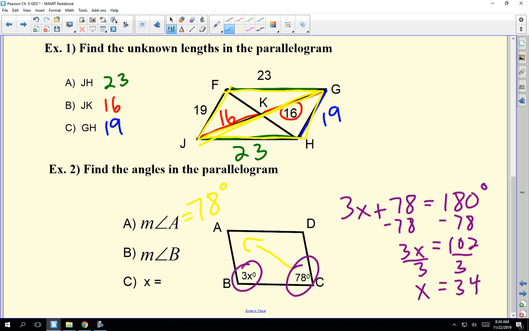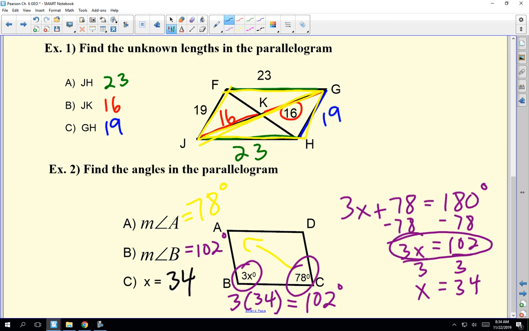So if x equals 34, 3 times 34 will give me 90 and 12, 102. I could have stopped right here. So 3x equals 102. I could have just solved for 3x and it would have been done, but we need to find x anyway. So x equals 34.